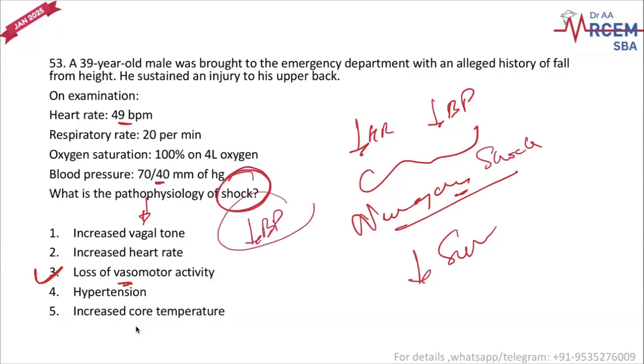Low blood pressure is mainly because of loss of vasomotor activity, which causes vasodilatation. They're not asking the pathophysiology of the bradycardia seen in this patient. Bradycardia is because of increased vagal tone. That's why we prefer choosing loss of vasomotor activity as the right answer here.